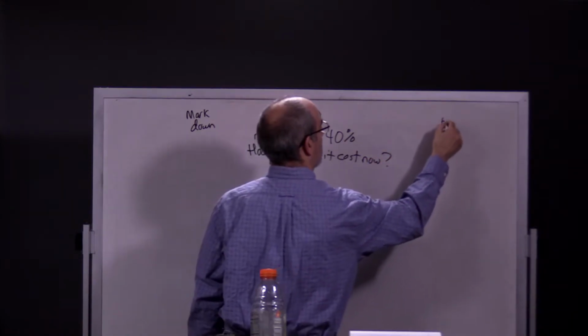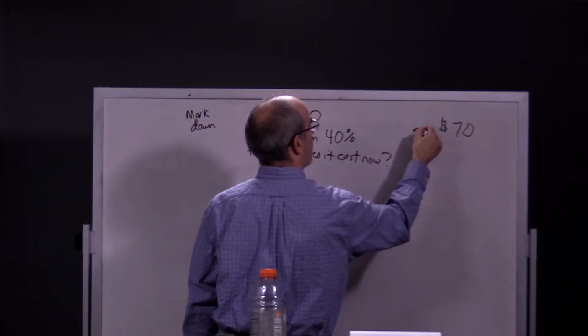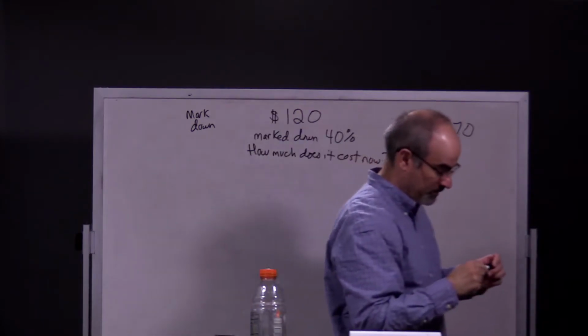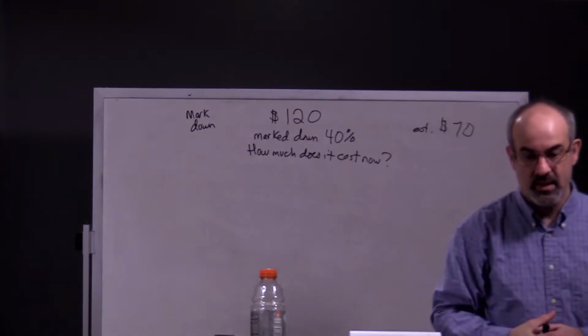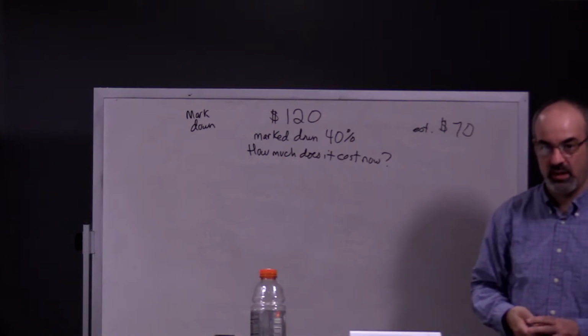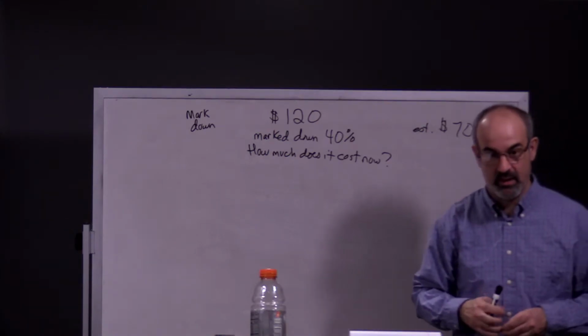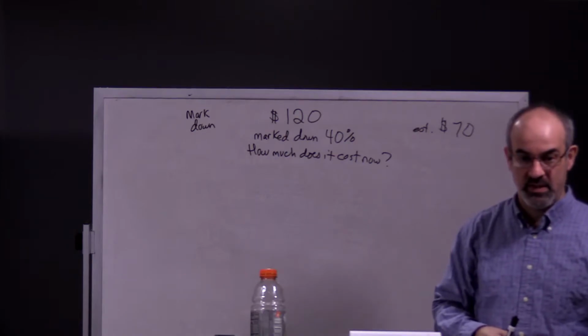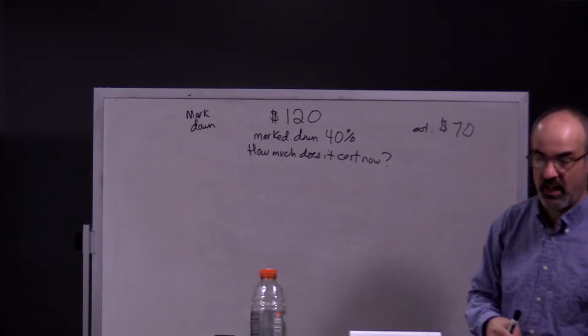I'm going to estimate $70. Makes sense. Now my estimate's probably not going to be correct, but it should be in that area. Okay, if it's in that area, then I did the problem right.